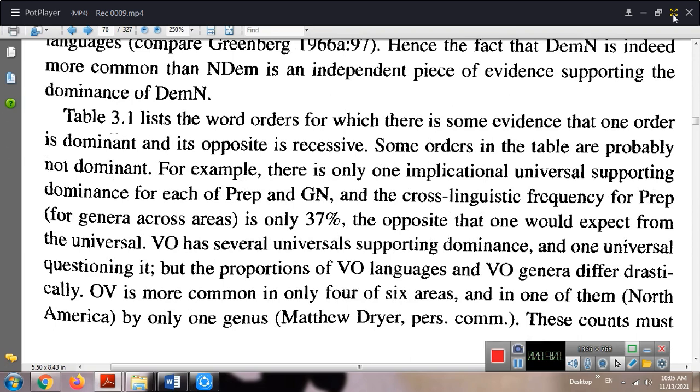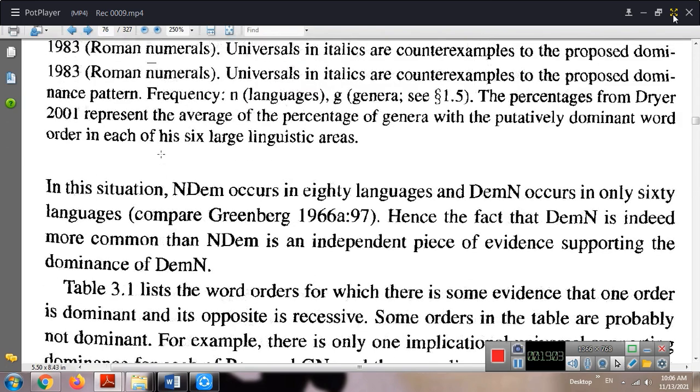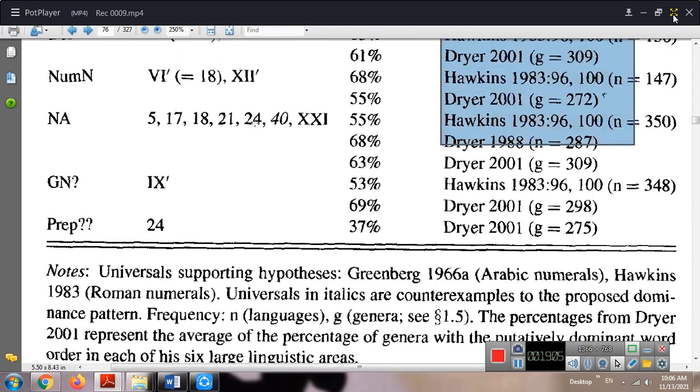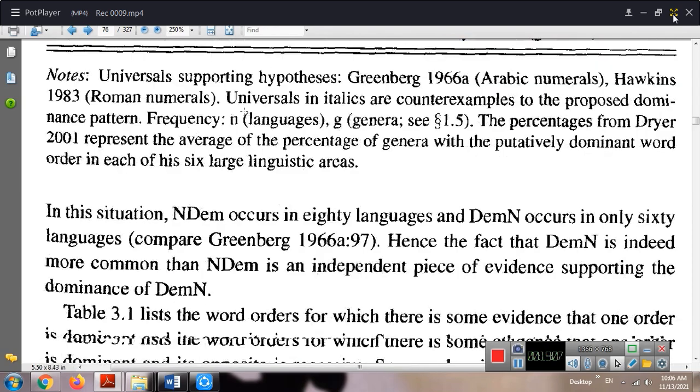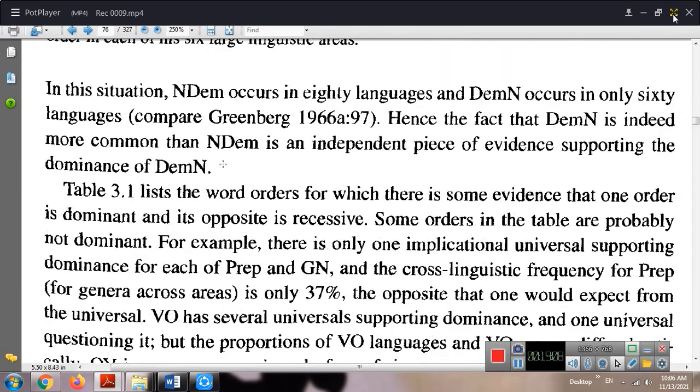Table 3.1, I mean this table, lists the word orders for which there is some evidence that one order is dominant and its opposite is recessive. Some orders in the table are probably not dominant. For example, there is only one implicational universal supporting dominance for each of preposition and genitive-noun.